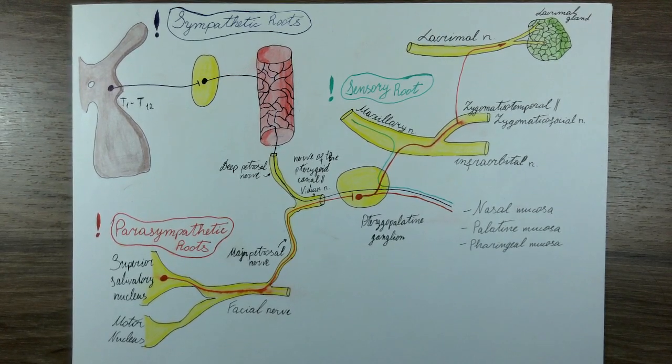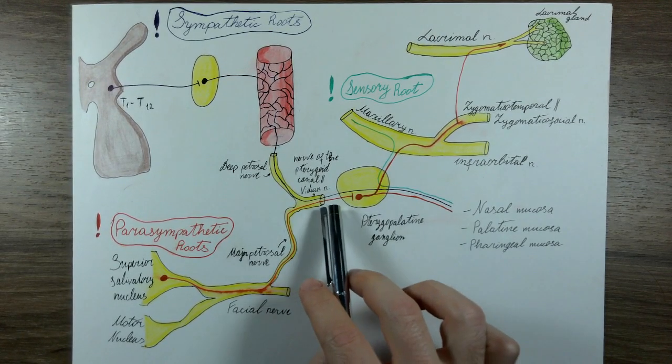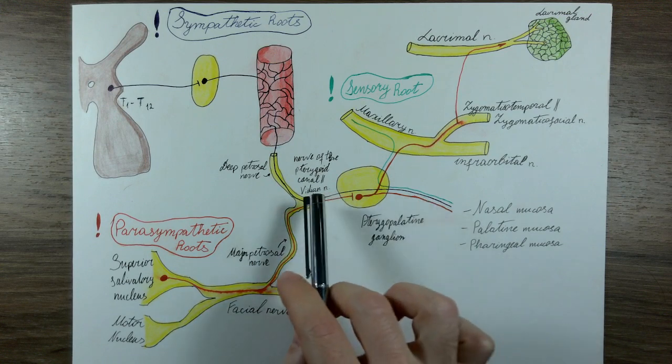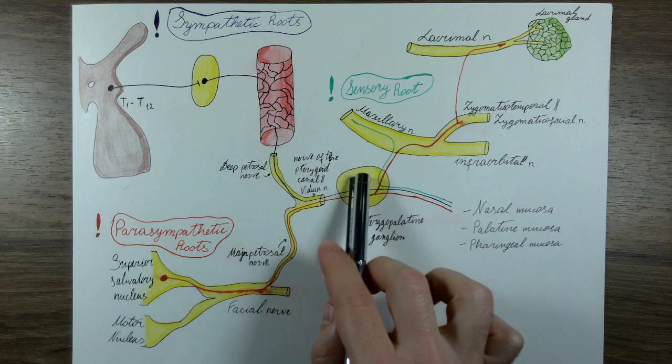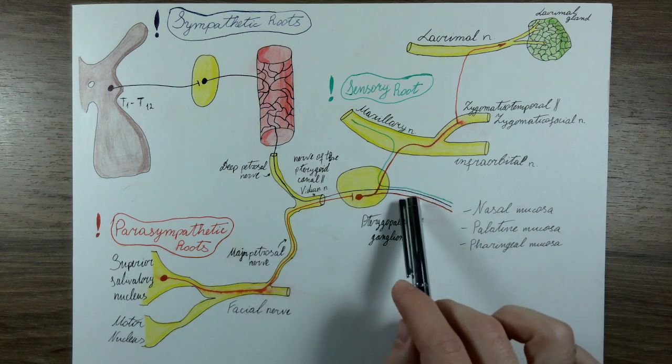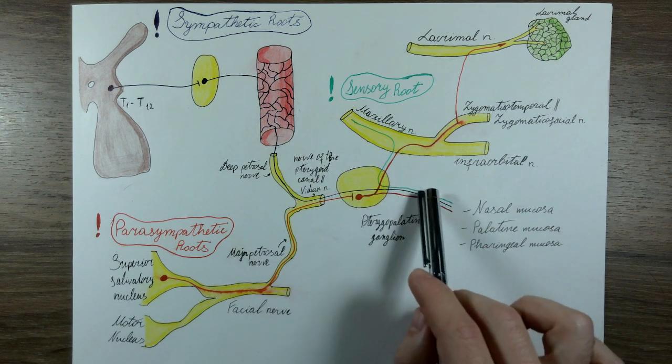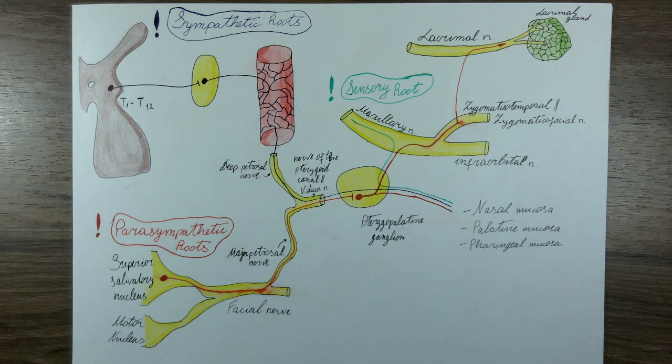Interestingly, though, apart from parasympathetic fibers, you do get some sympathetic fibers, and you also get sensory fibers. And the nerves originating from this ganglion all have these three sensory modalities, or motor modalities, right? Depending on how you look at it. But they do have these three types of fibers.